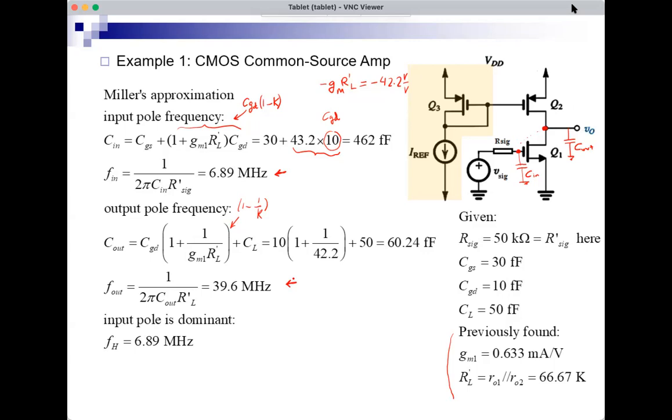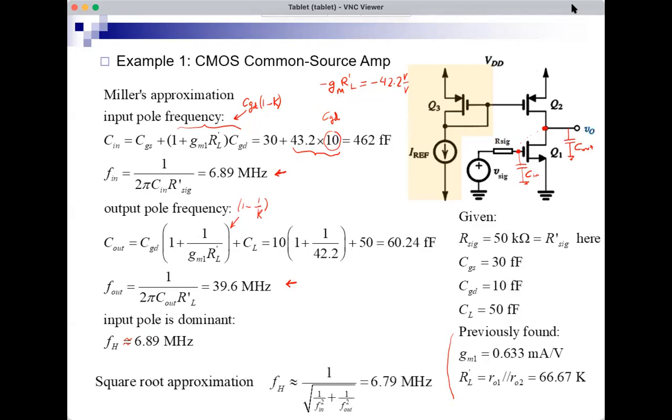So this is the estimate we get if we apply Miller's theorem and then use the dominant pole approximation. So these are 2 approximations here, dominant pole and Miller approximation. And I will write this as FH being approximately equal to 6.89 megahertz.